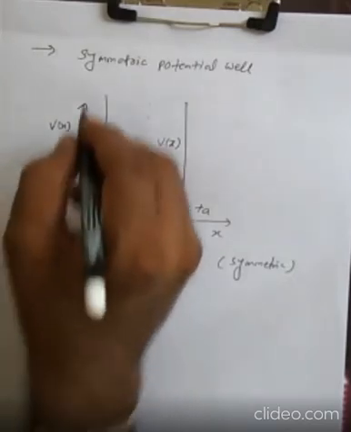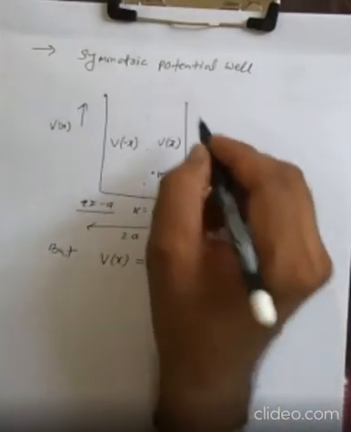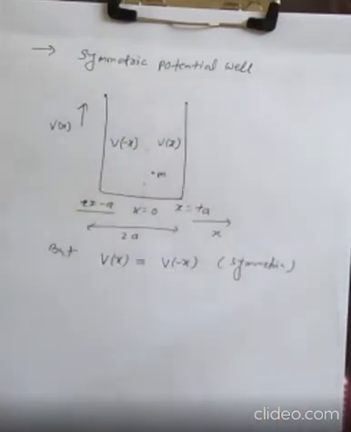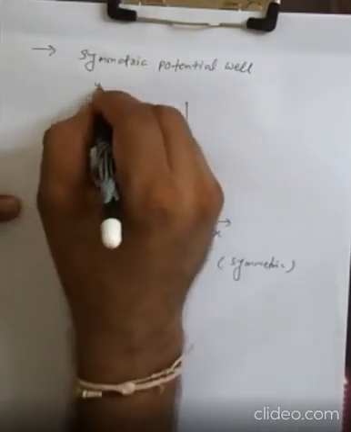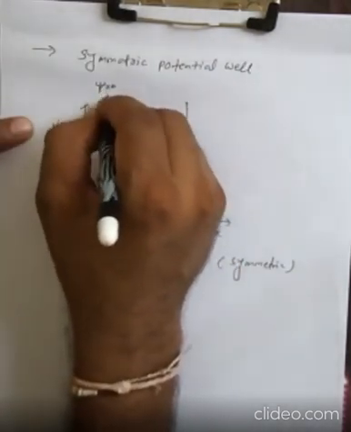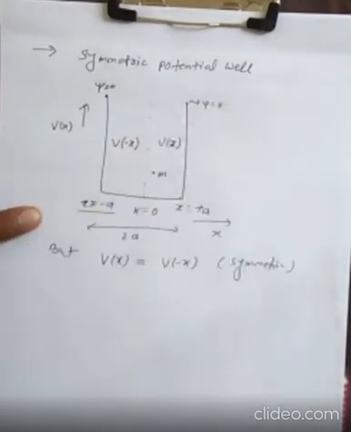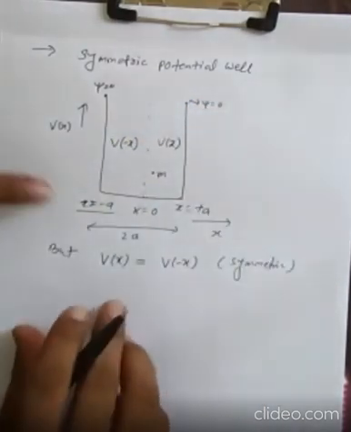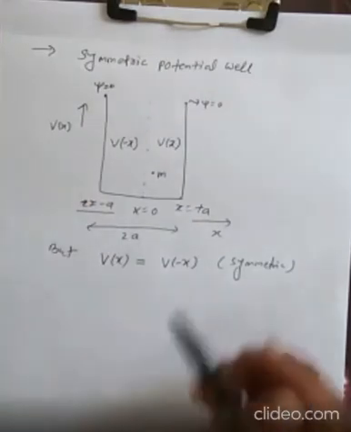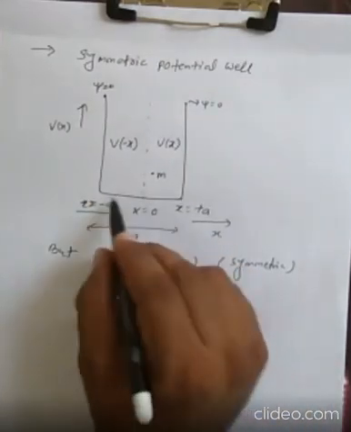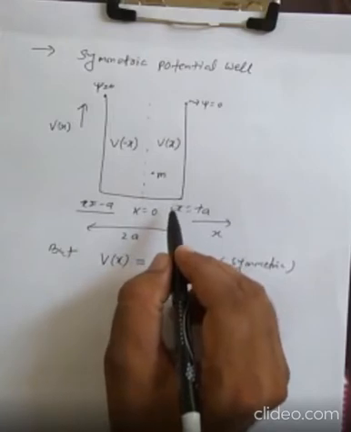And so the boundaries at x equal to a and at x equal to minus a are at infinity, so the wave function will be 0 at this point and 0 at this point here. It means we cannot find the particle at x equal to minus a and x equal to plus a.